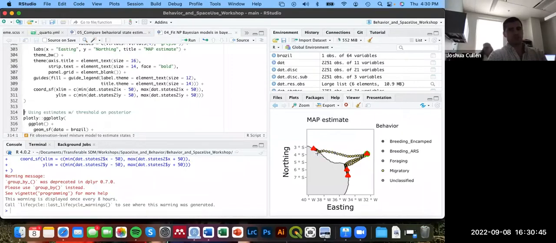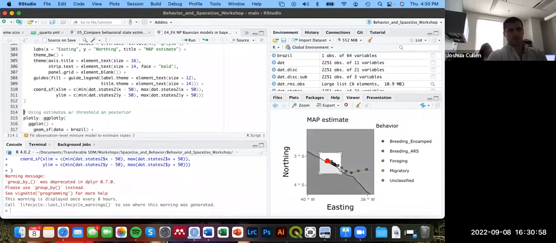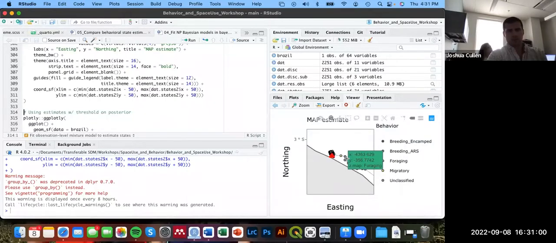So if I zoom in, these red triangles are representing the end of the track, and the green circles are the start of the track. So we see here in yellow, this is migratory, whereas gray is unclassified. If I zoom into this foraging area, it's labeling these as foraging. Some are migratory once in a while, and then there's a handful that are still unclassified, but I think it does a pretty good job.